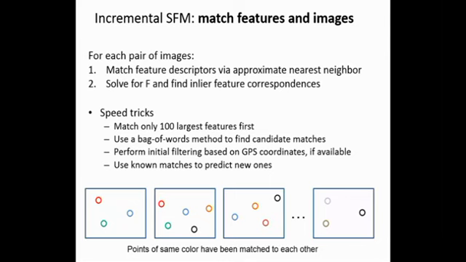So now let's say that we've matched the features. Here, the red circle means that these two images see this set of features. The first 3 images all see this set of features represented by the blue circle, and so on. And so we've got correspondences now between the images.